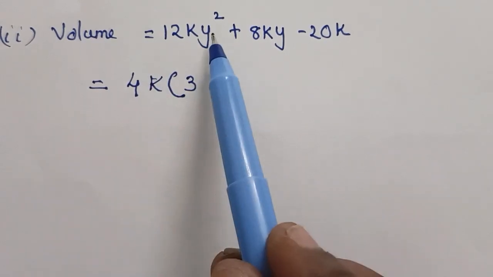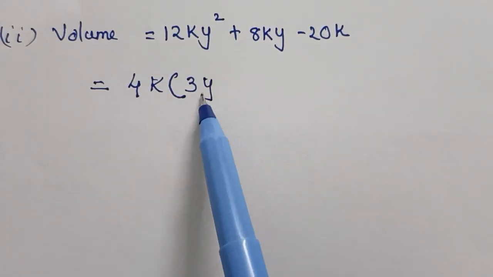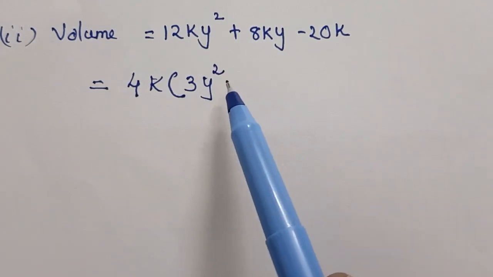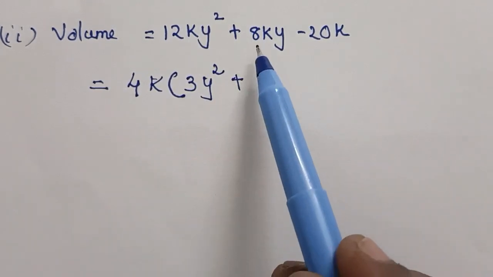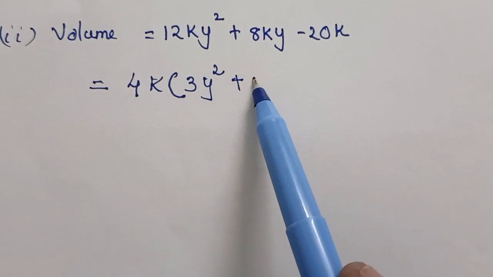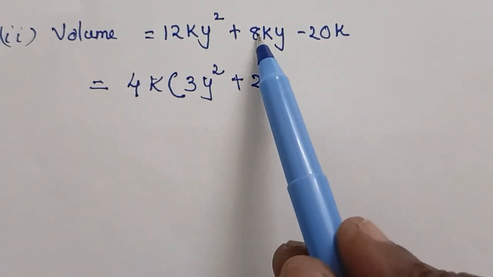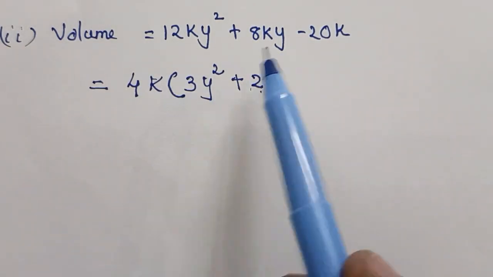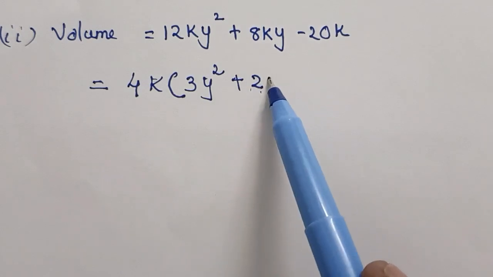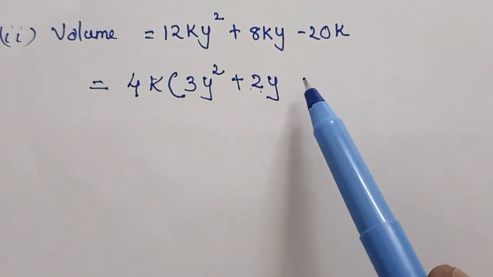Now k cancels. Now y square. 3y square is the first term remaining. Plus, by taking 4 outside, 4 twos are 8, 2 remaining. k is also taken as common. Therefore, 2y is the second term.